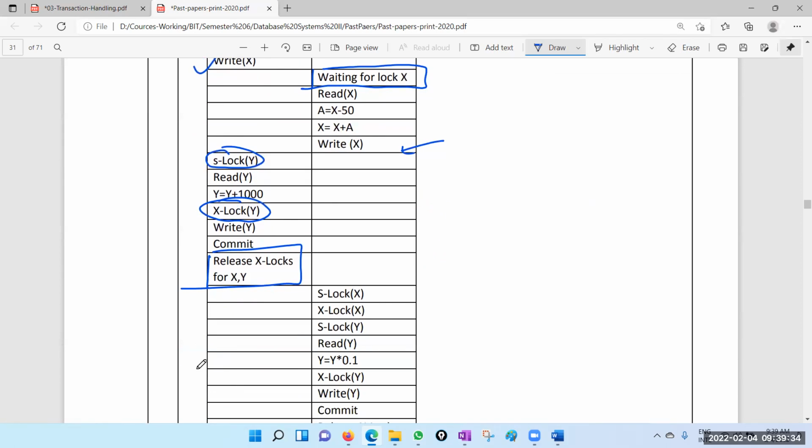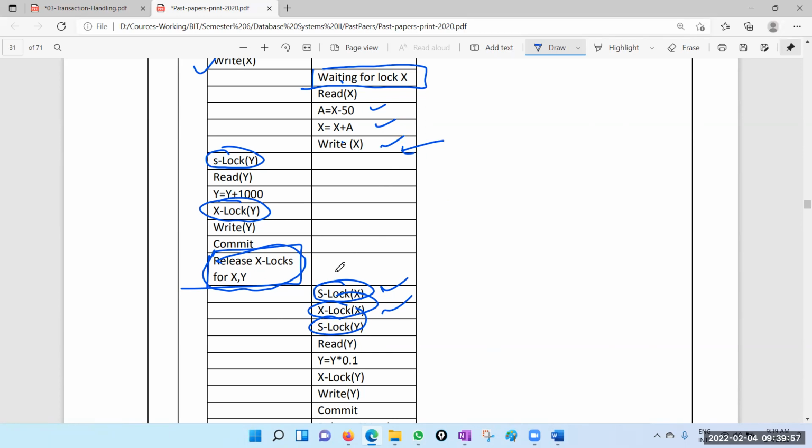Now it's very important, once you release, immediately this transaction that is waiting for the read and write locks gets the locks. Actually, here you need first the shared lock, then the exclusive lock also, so that it can proceed with these steps.